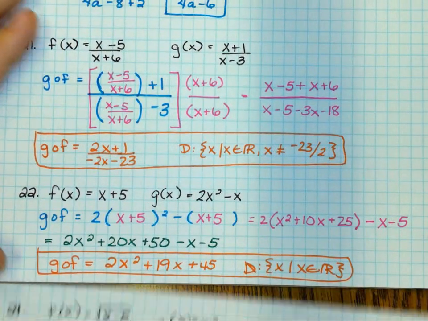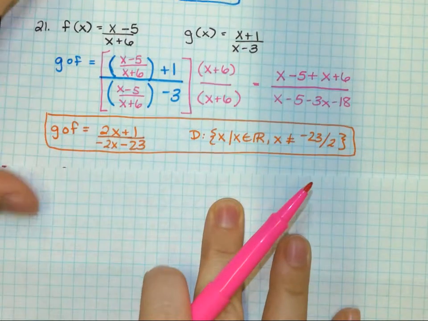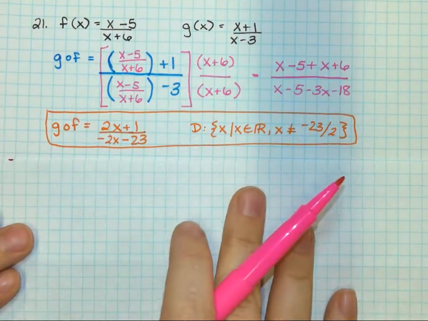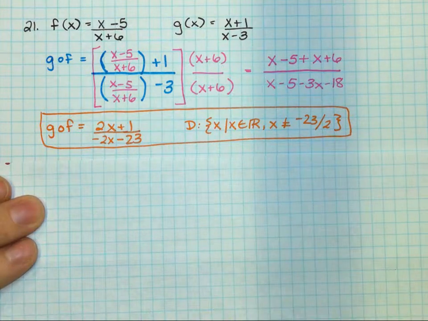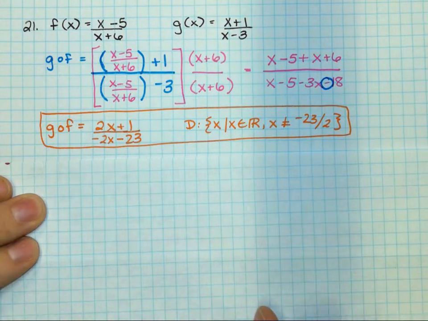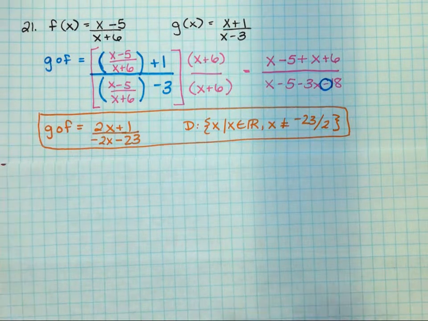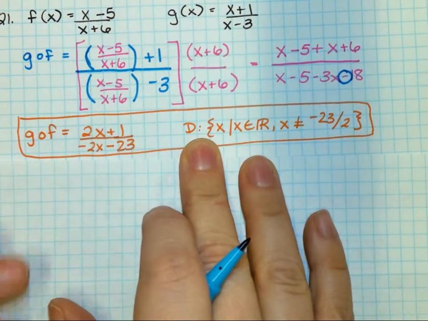Okay, so our answers. Let's look at number 21 first. One thing I want to make sure you look out for, the common mistake I saw on your quizzes, was right here. What did I just circle? A negative.